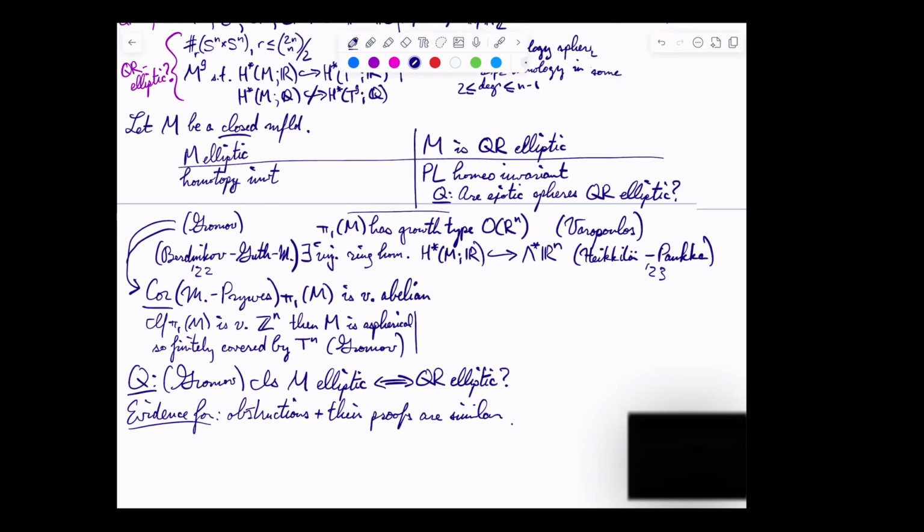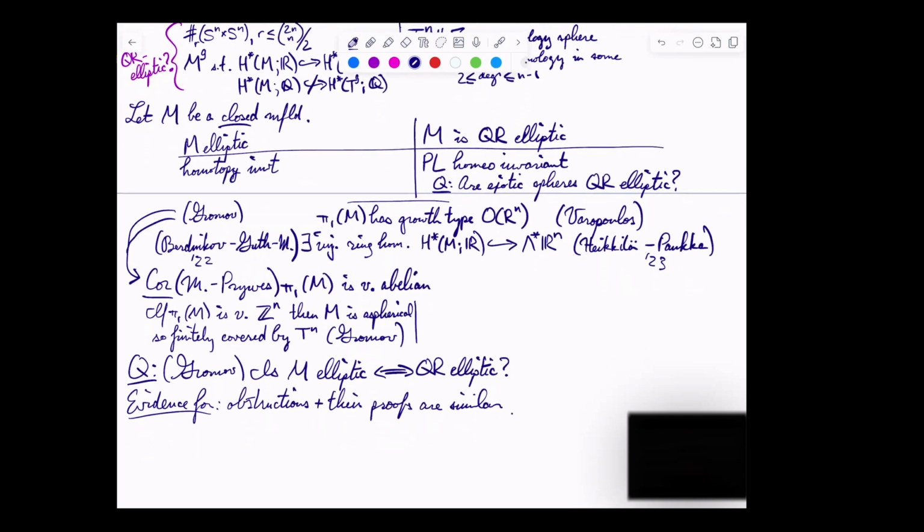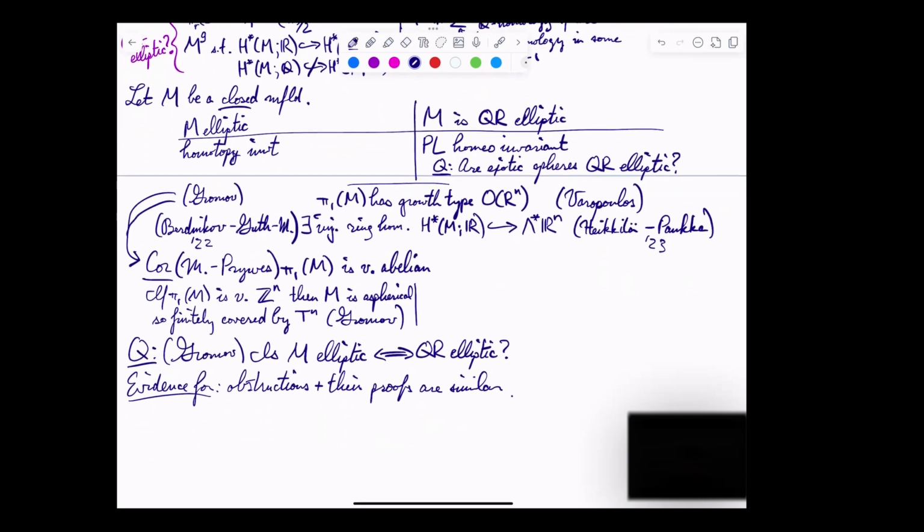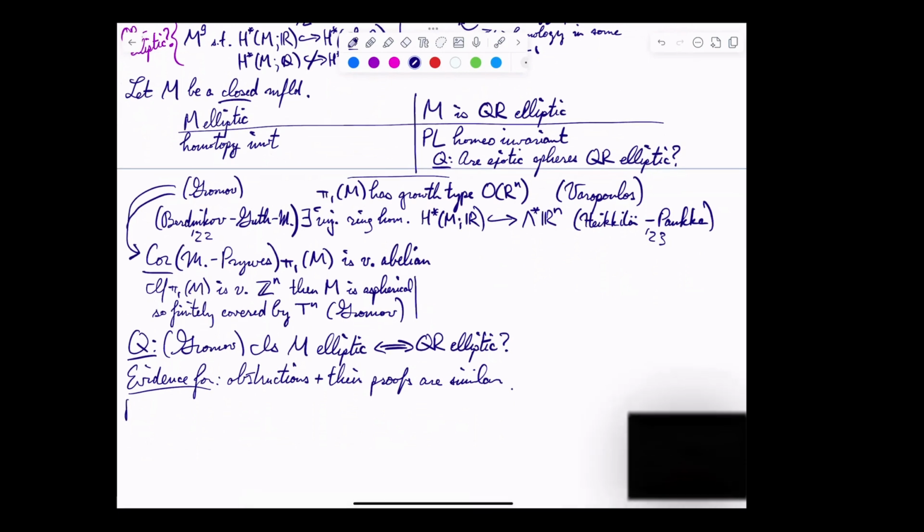Yeah, so let me give that proof because it's not a hard proof. Let me call this condition star. So here's the proof that elliptic manifolds satisfy this.